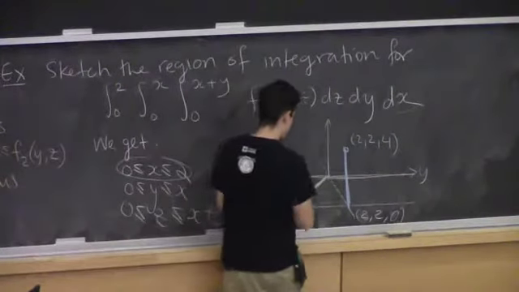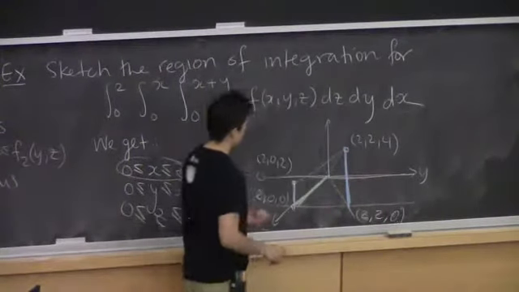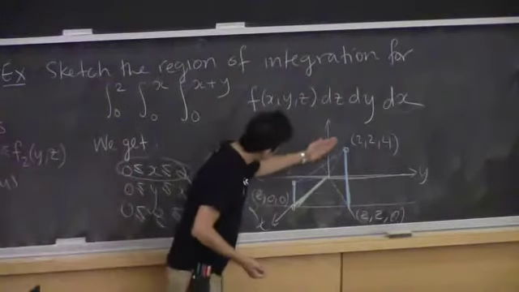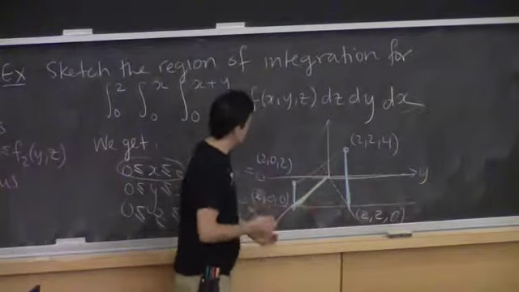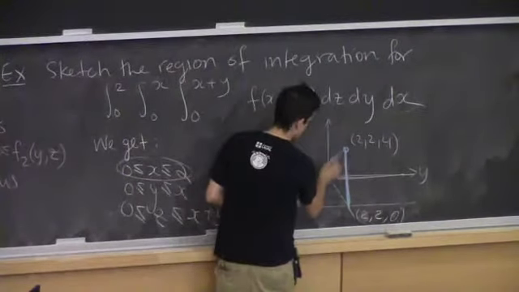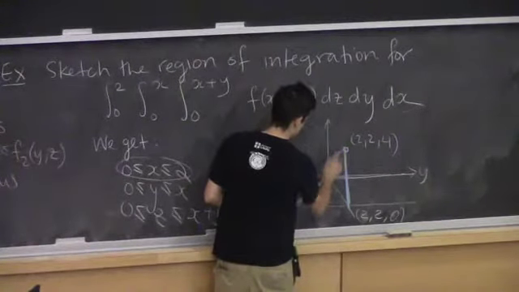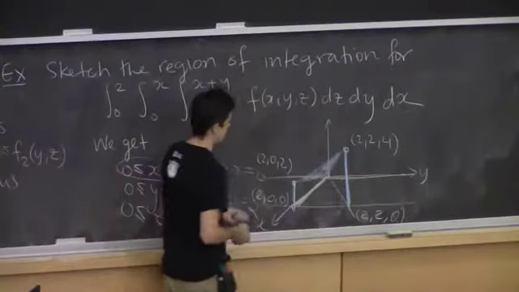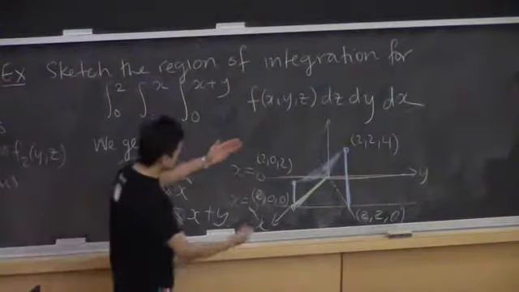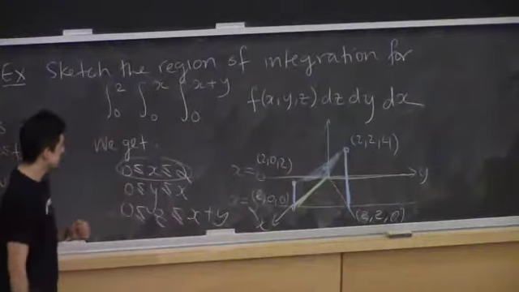Okay. And then this gives us kind of a domed roof. So we can imagine this kind of slanting roof over top of our green region. So we should get a kind of a wedge shape between two planes there.